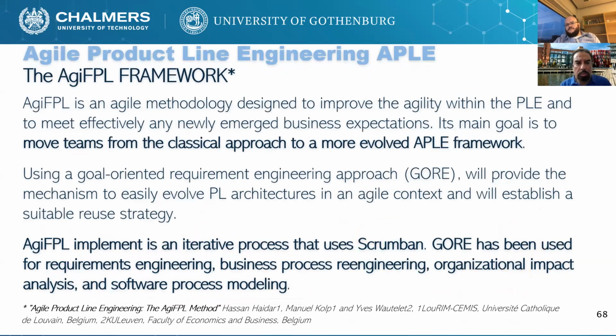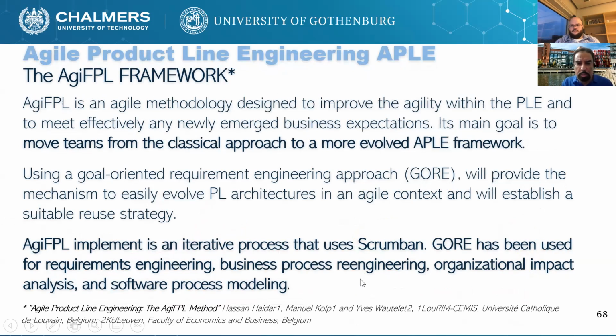In particular, I was talking about the Agile framework for product line engineering, and the reference you see down here talks about Agile FPL. We talked about the implementation using Scrumban and goal-oriented engineering. They call it here goal-oriented requirement engineering, just the code is GORE.